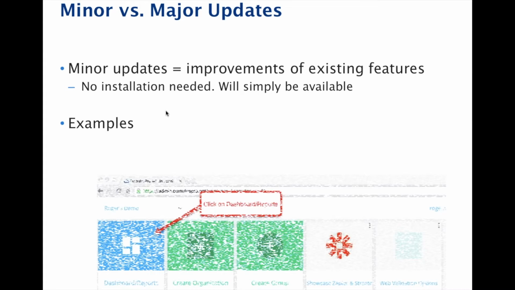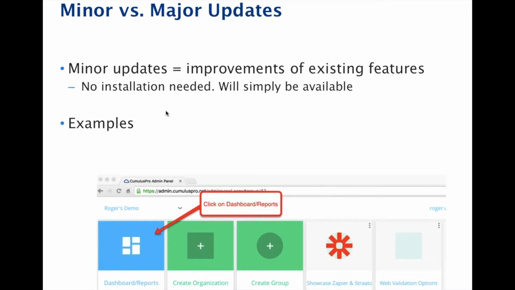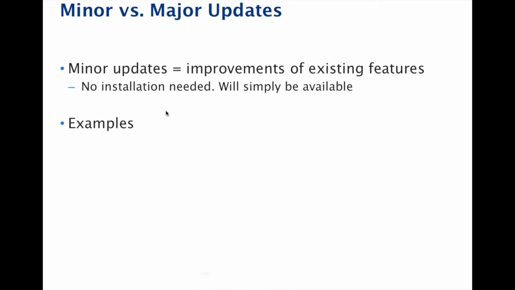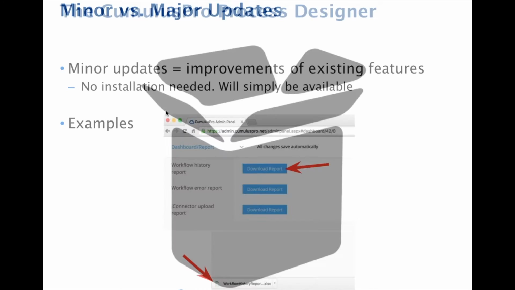When you now go to the tile reports on our admin panel, you find reports which you can generate yourself and will give you lots of information, and will then be exported to Excel. News like these on minor updates, you will find on our LinkedIn group.